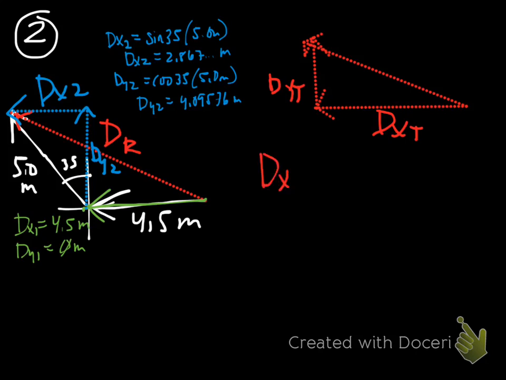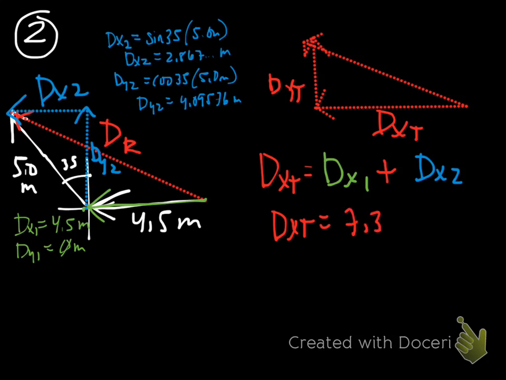We know that dx total is equal to dx1 plus dx2. So dx total is equal to 4.5 meters plus 2.867, etc. We get a dx total of 7.36788, etc. meters.